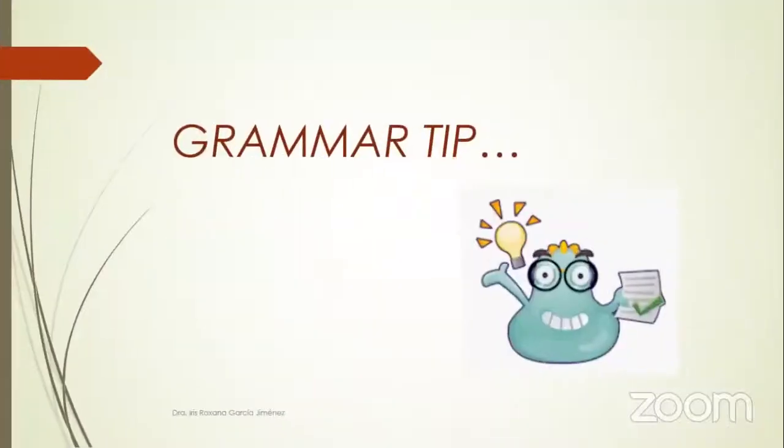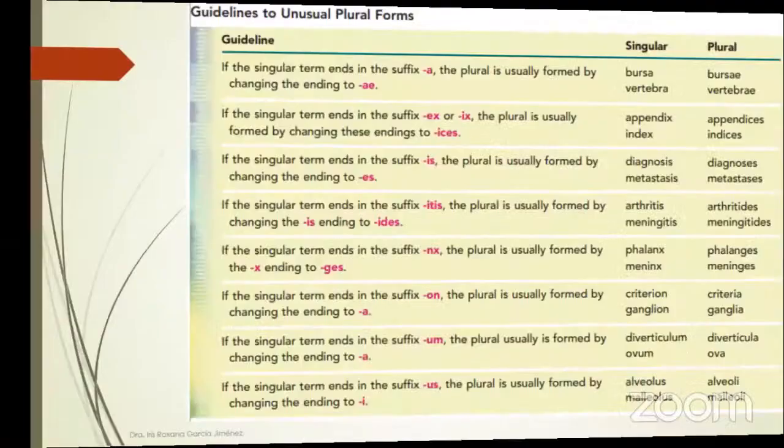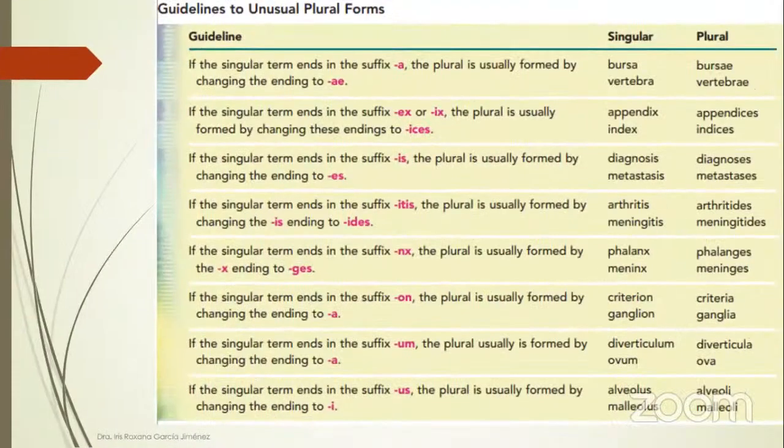A grammar tip, a very important grammar tip that I think we don't always take into account as a general rule when Latins learn how to speak English, the medical terms. This slide is showing us how to exchange unusual plural forms.